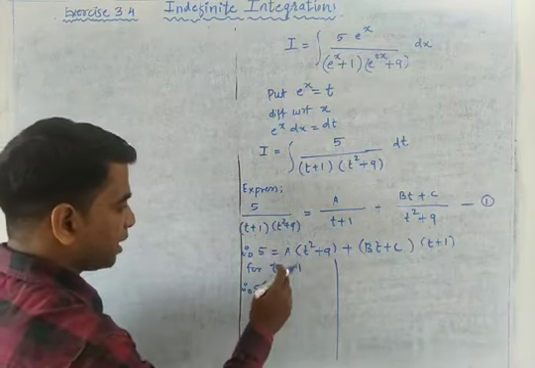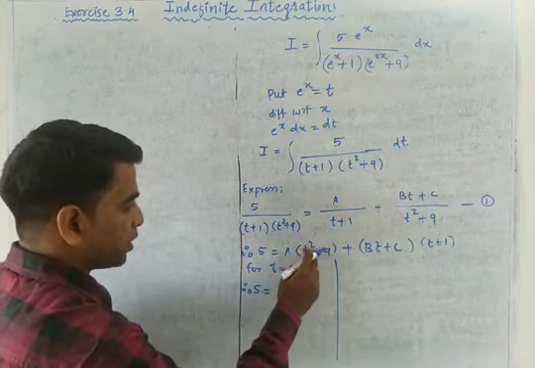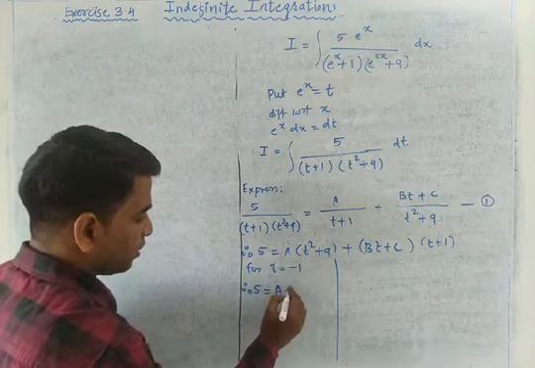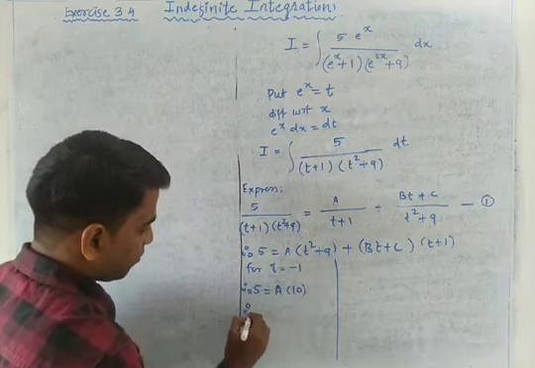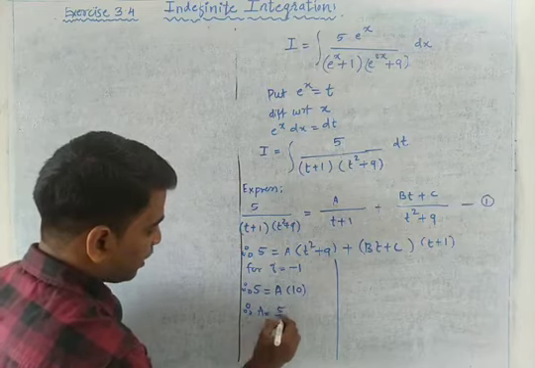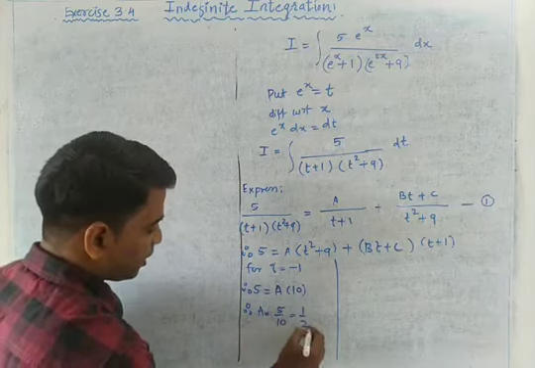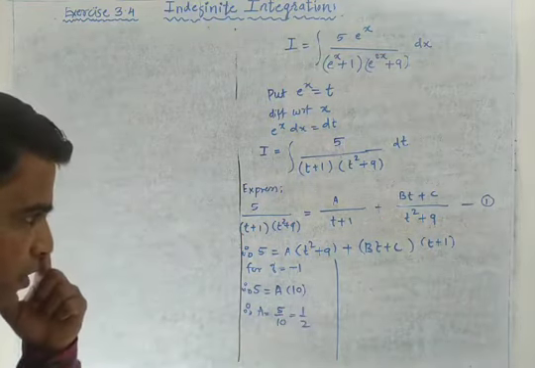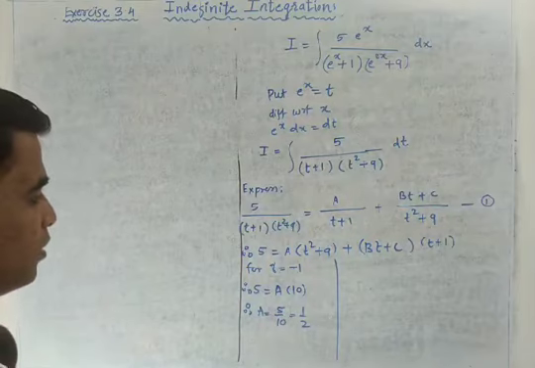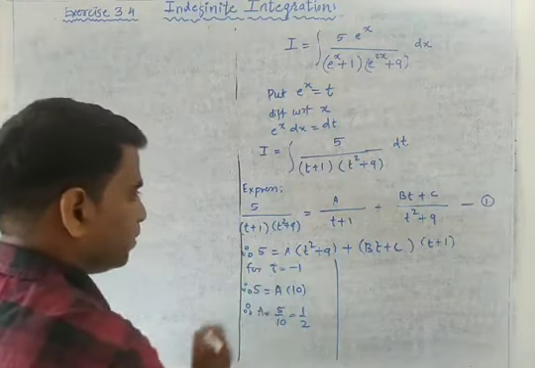So only the a part remains, and (minus 1) square is 1, plus 9 is 10. So a into 10. Therefore a is equal to 5 by 10, that is 1 by 2. Understood? Now we have to find the values of b and c.